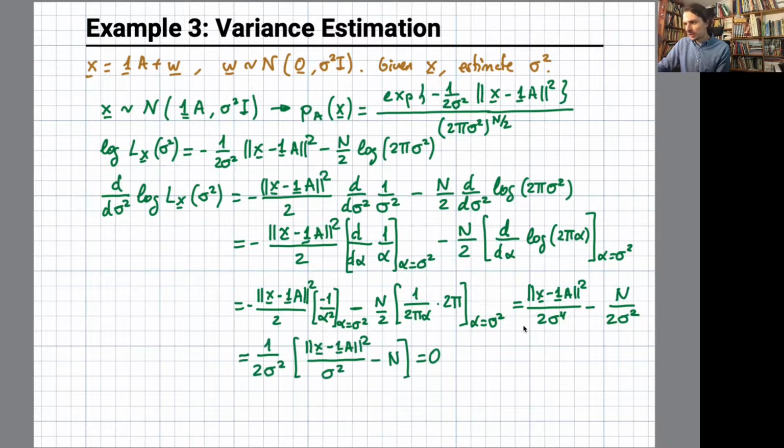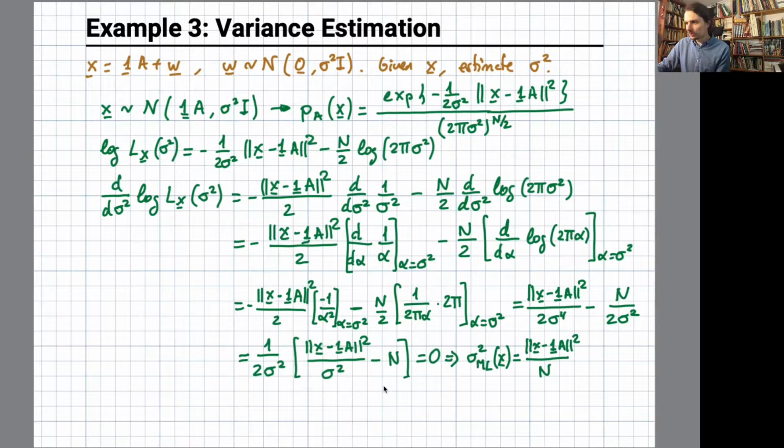Now one can take the common factor out, this 1 over 2 sigma square, right? And this leaves us with this equation, okay?